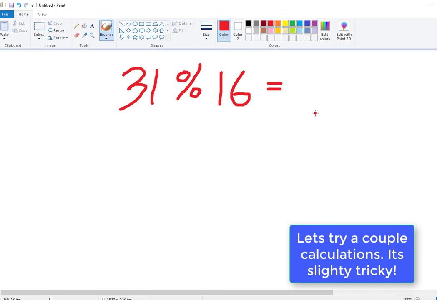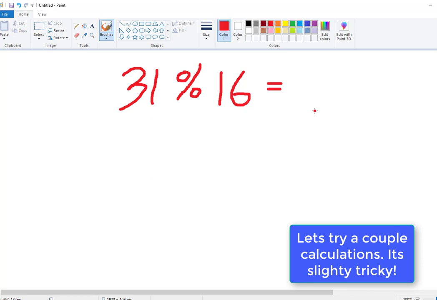So 31 divided by 16, but we're only interested in the remainder. We know that 32 divided by 16 is 2. So we're going to have one remainder 15 here. You can do this math right now.